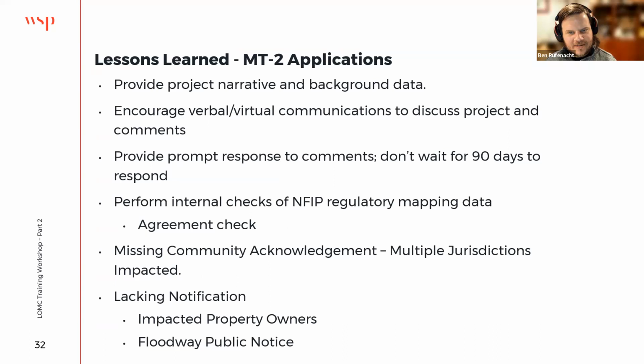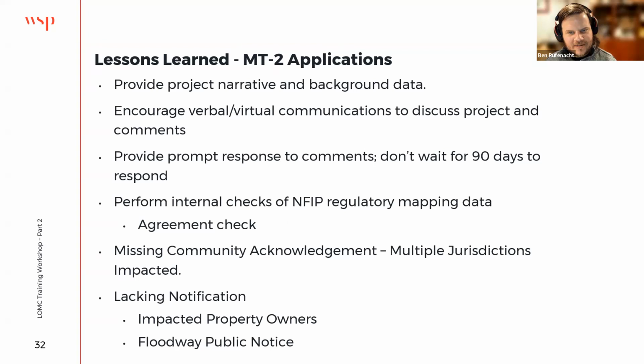Make sure that you have actual communications with your reviewer. You can use FEMA's help, talk to them, ask them exactly any doubts you have. It's worthwhile. And also be a good neighbor and make sure you're communicating with anybody impacted by these changes.